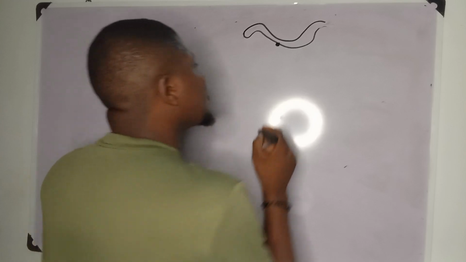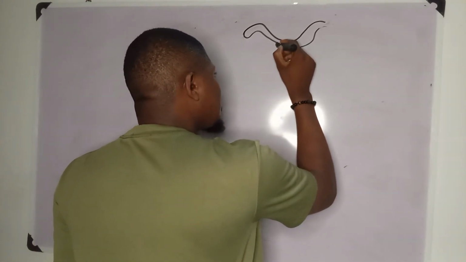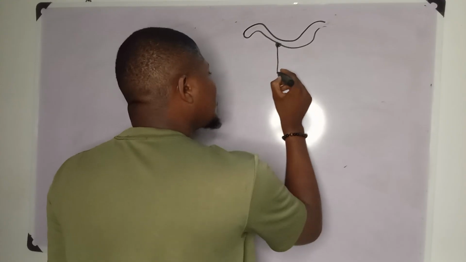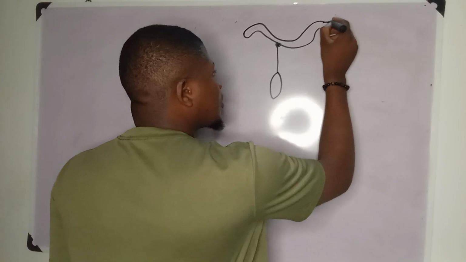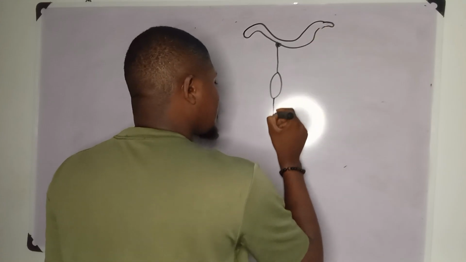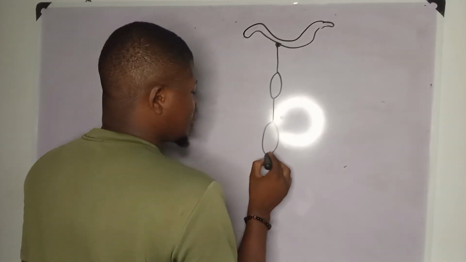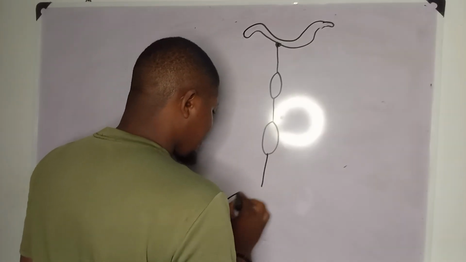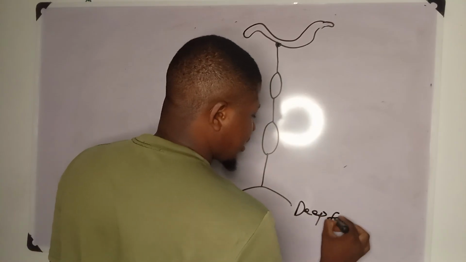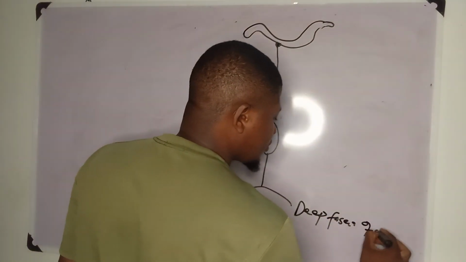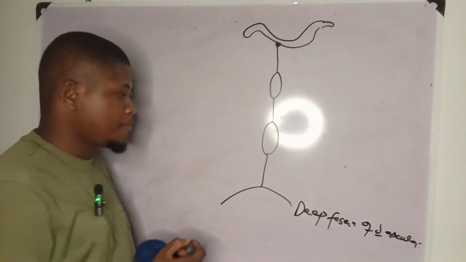It begins from the margin of the subclavian groove, comes down, splits to enclose a muscle, then extends down again, splits to enclose another muscle, then attaches at the deep fascia of the axilla.